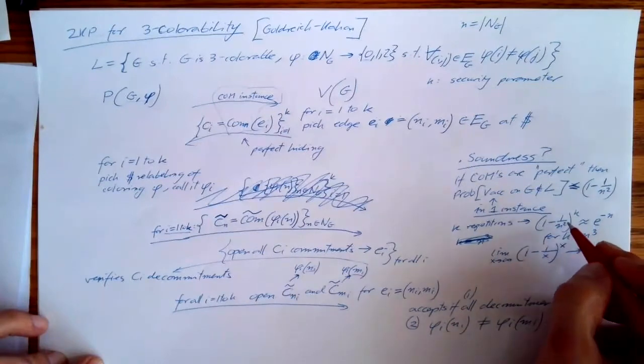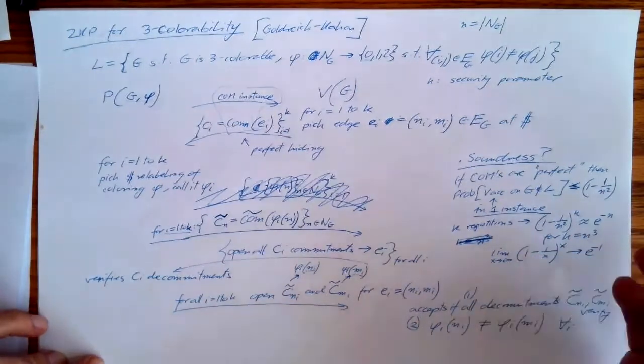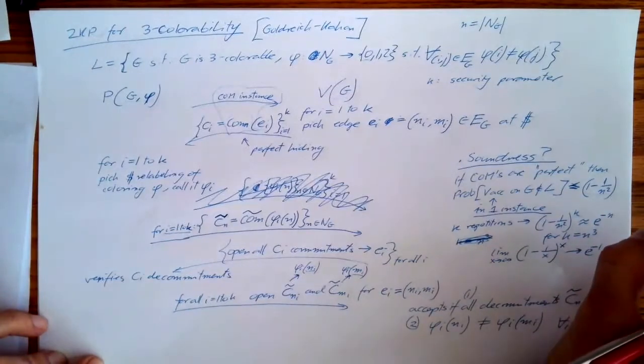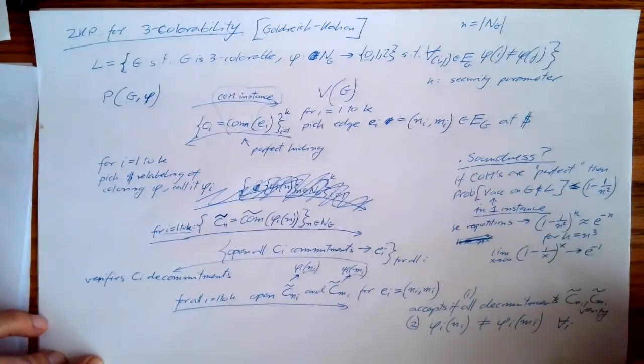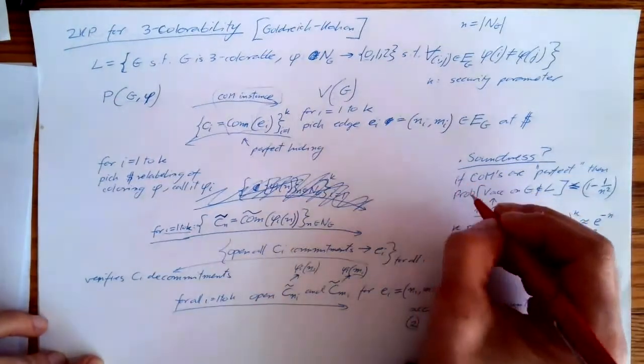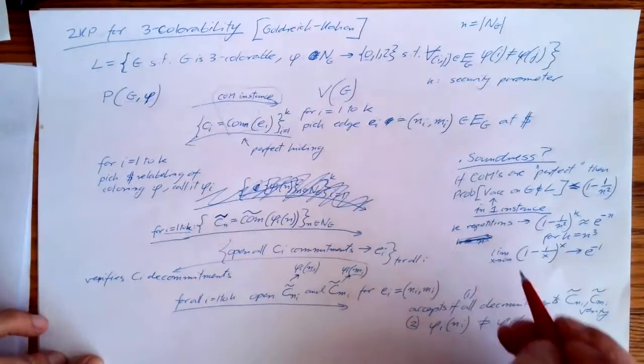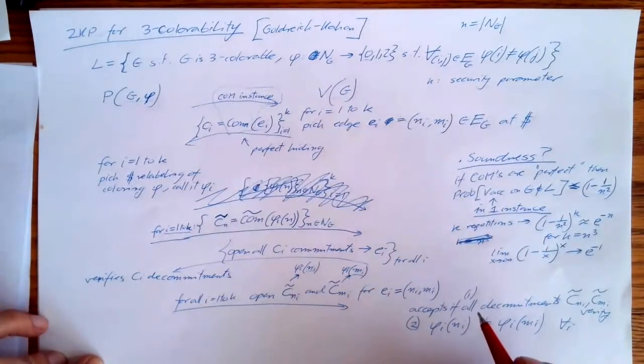So you can repeat it polynomially many times, and you're going to drive down this non-negligible soundness error into a negligible error probability. So it has negligible soundness if repeated polynomially many times.